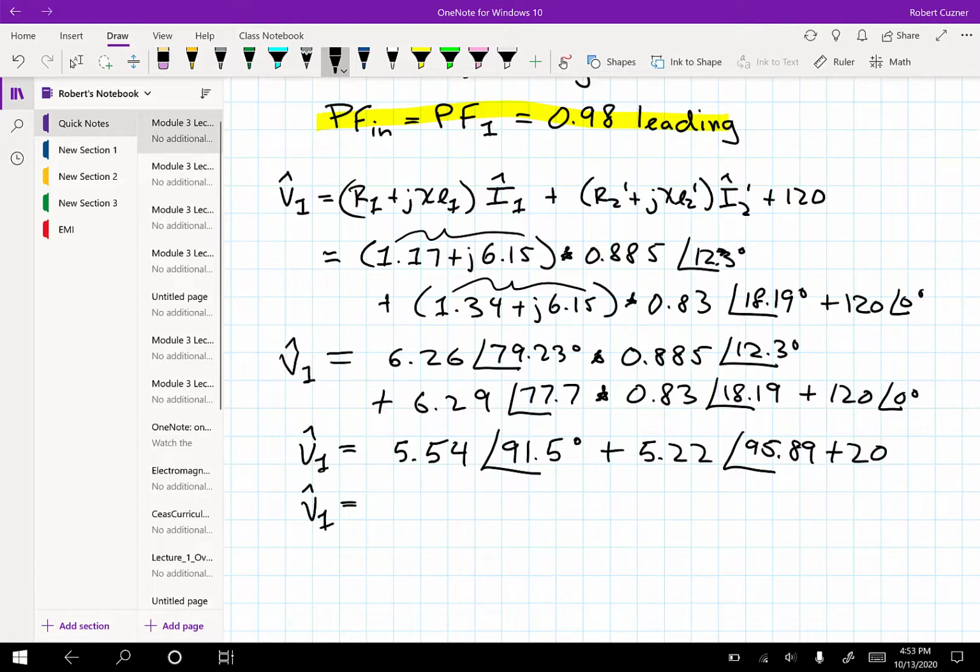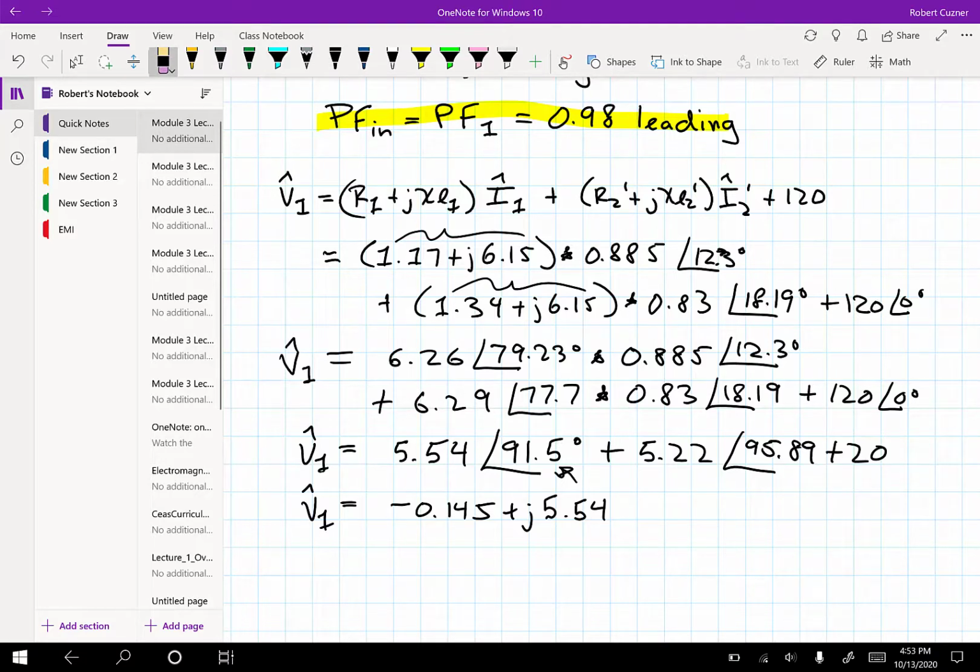Now, one thing to notice is that because this is greater than 90 degrees, we're going to end up with a negative real part. The cosine will be a negative number, but the sine is a positive number. We've moved into another quadrant. The same thing's going to happen here.